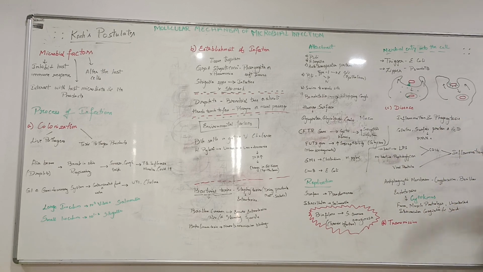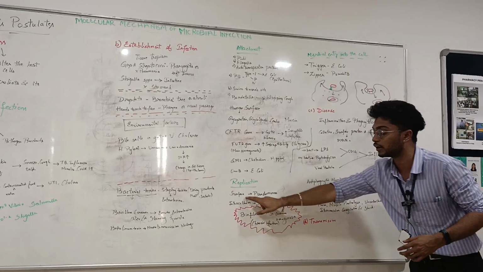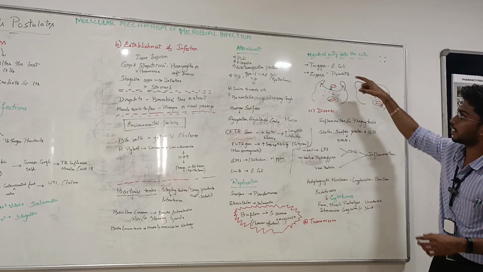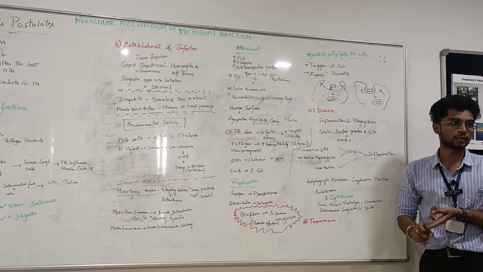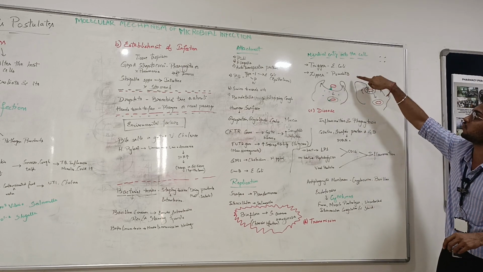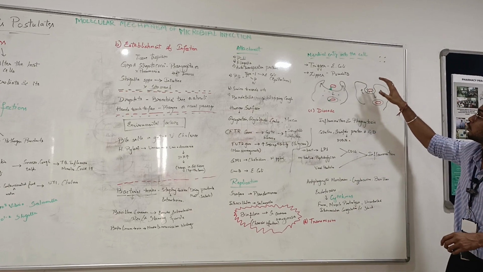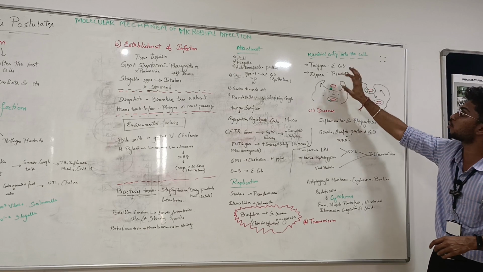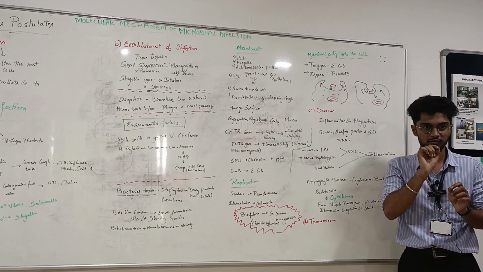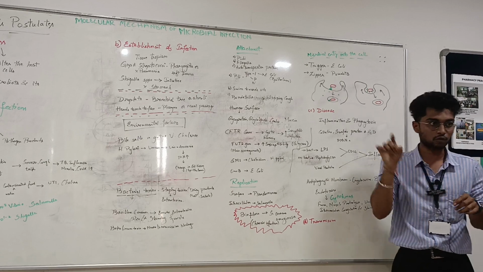Then again, microbial entry into the cell. How will the microorganism go intracellularly? There can be two methods, the trigger method or the zipper method. For trigger, the usual example is E. coli, and for zipper it is tuberculosis. The trigger method means E. coli will have an injection-like organ on its outer surface.